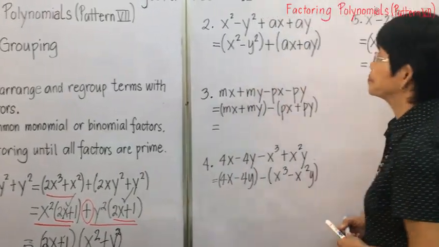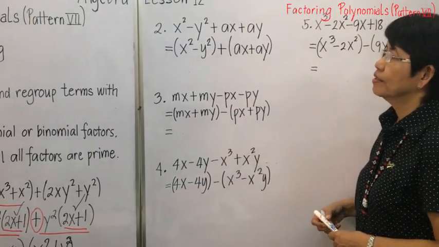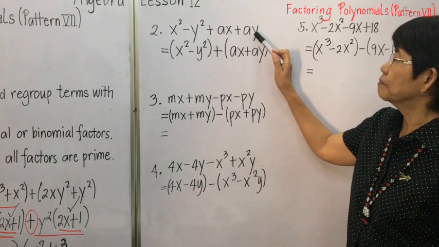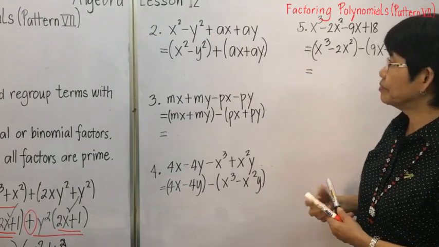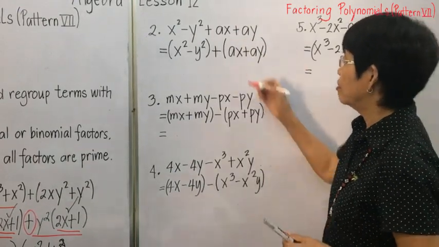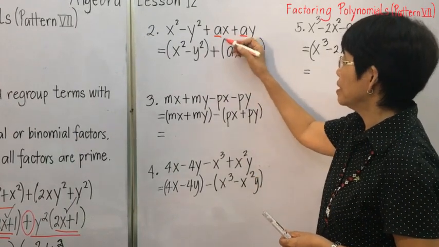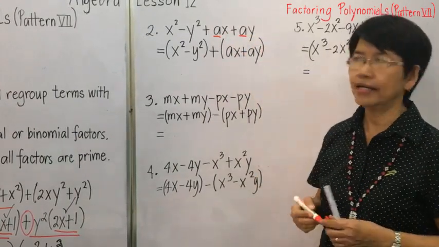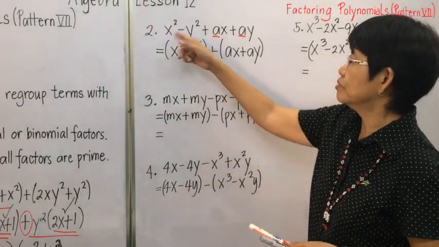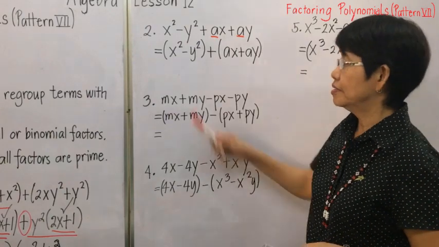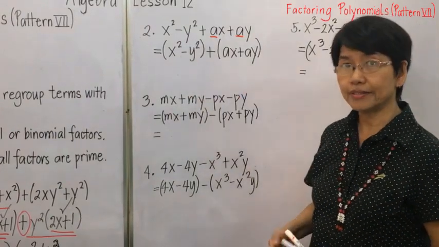Number 2, we have x squared minus y squared plus ax plus ay. It's obvious that you have a common factor here. So these two terms will be grouped together, and these two terms also will be grouped together because they are factorable, the difference of two squares.